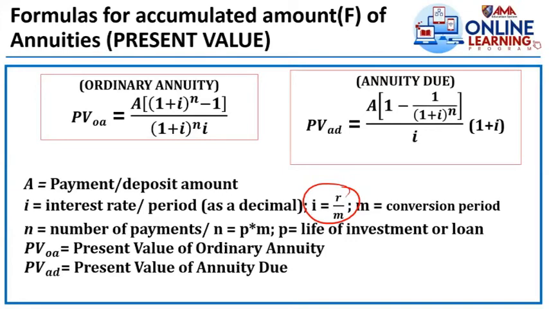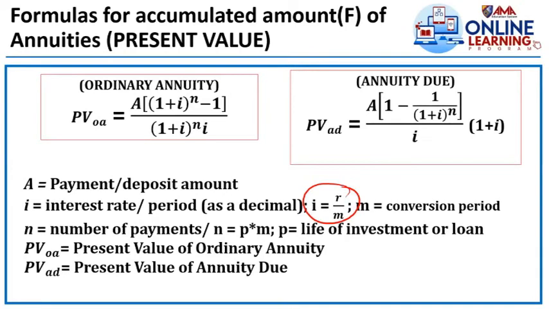While the annuity due is PV sub AD equals A times the quantity 1 minus 1 over 1 plus i raised to n, over i, times the quantity of 1 plus i. Wherein A is the payment, or the deposit amount, or the amount na ibabayad sa iyo ng kumpanya. Then I is the interest rate divided by the period, so i equals r over m, where m is the conversion period, annually, semi-annually.